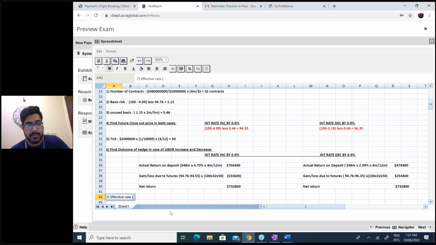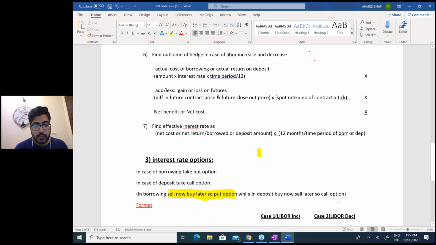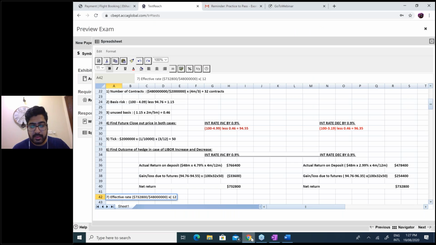Both options are giving the same net cost or return. $732,800 over the borrowed or deposit amount, that's 48 million, into 12 months over the time period of borrowing, which is 4 months. It's 4.58%.